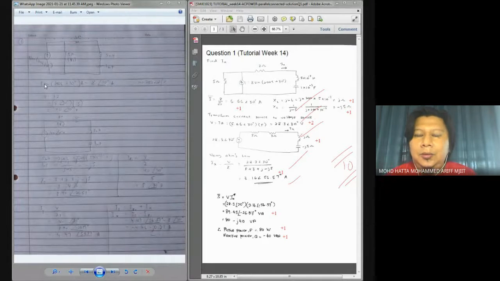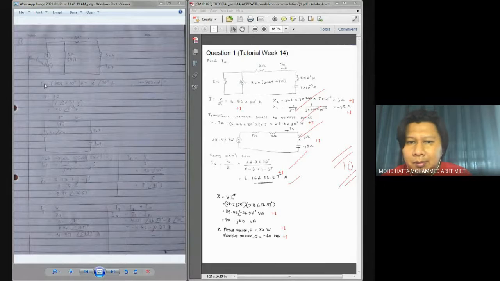As you know, if you try to use a formula like P equals VI cos theta, the voltage and the current in that formula must be in RMS. So that is very crucial. If you calculate in peak value, you need to use other formula. You can refer back in the lecture notes that I provided.